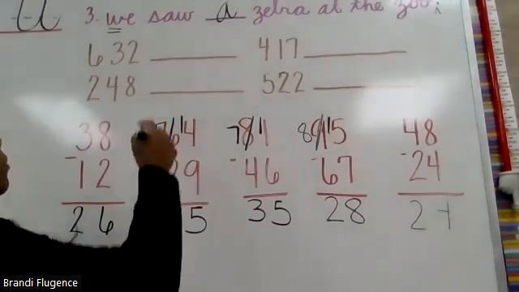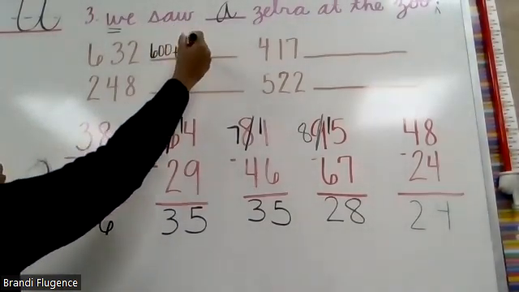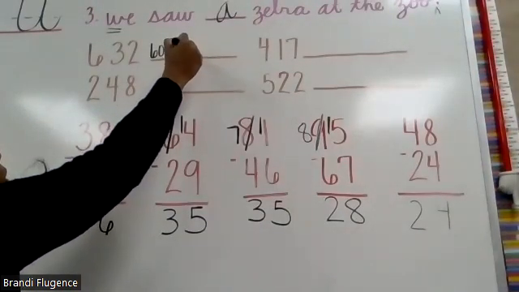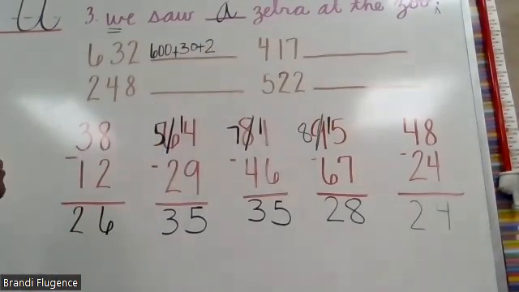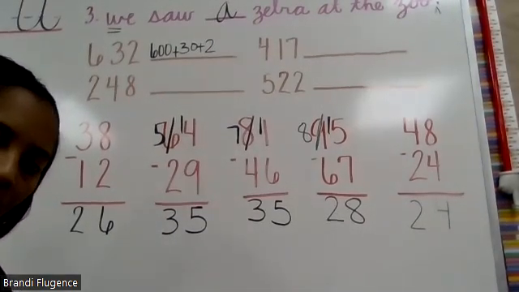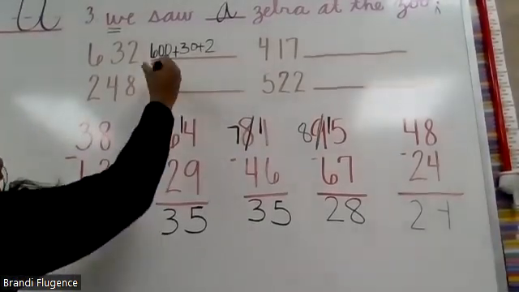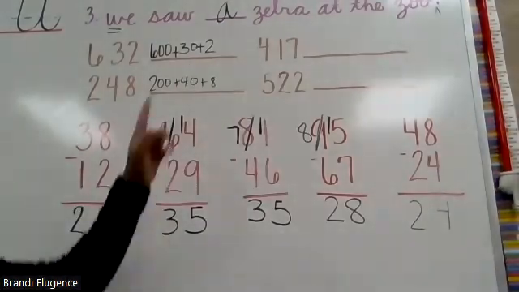Go ahead, Kinley. 600 plus 30 plus 2. Good. 248. Let's expand it. Dennis? 200 plus 40 plus 8. Good. 200 plus 40 plus 8.